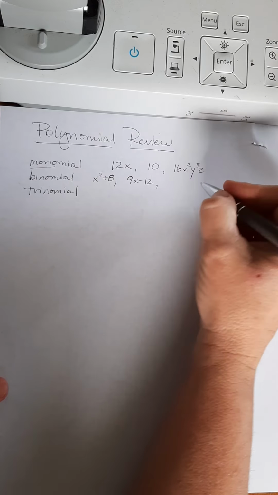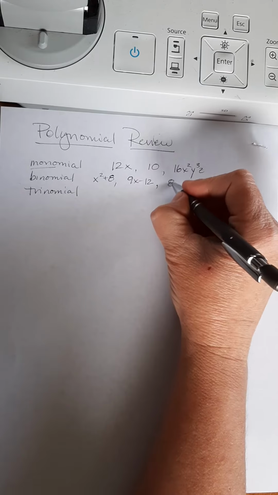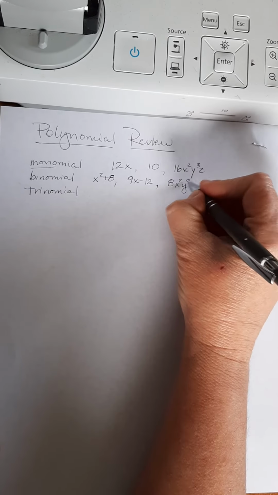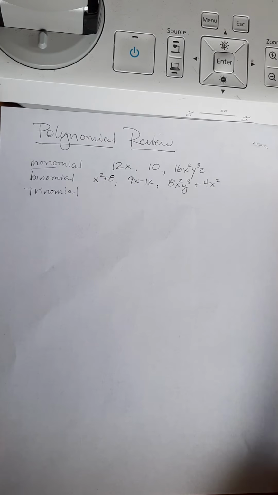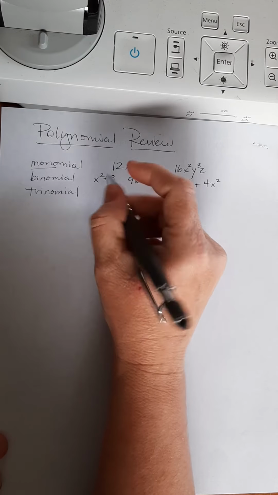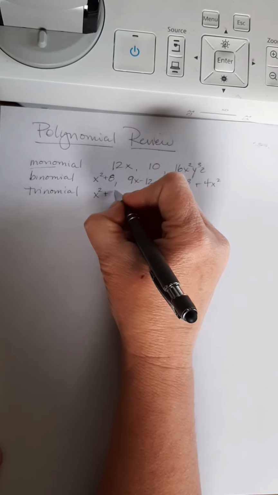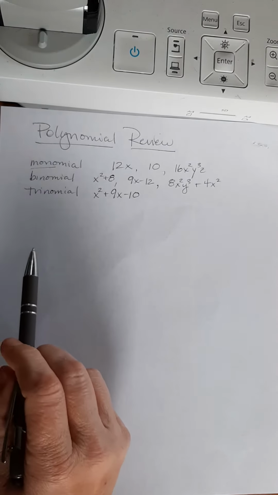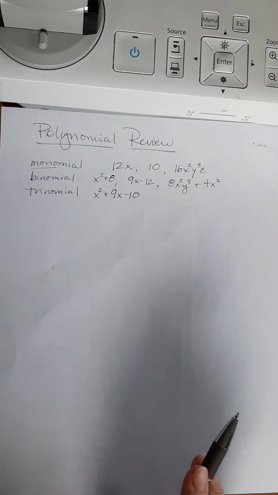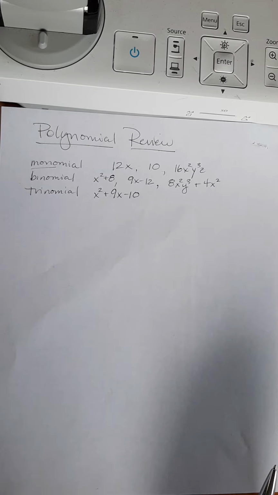It could even be something ugly like 8x squared y cubed plus 4x squared. It's still two terms. And finally, trinomial, of course, 3 terms. Anything above that generally reverts back to polynomial.